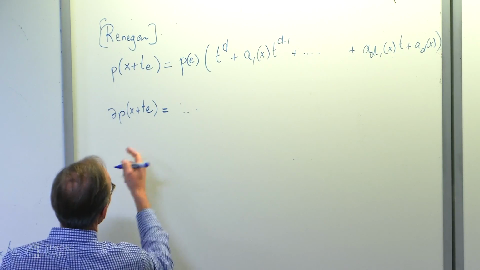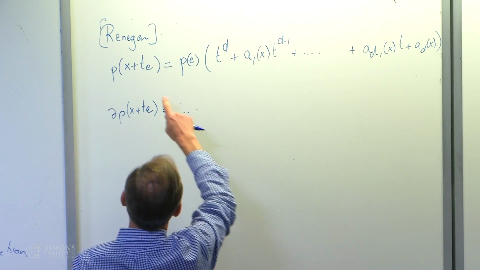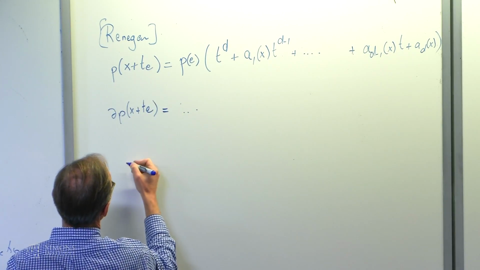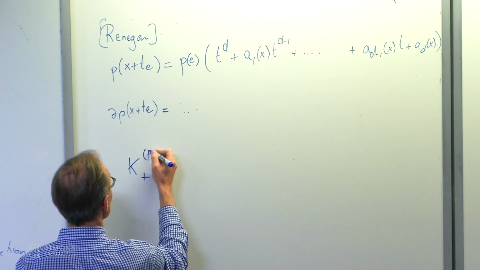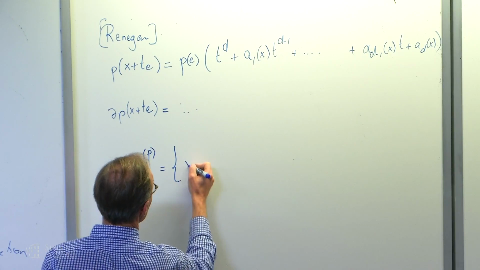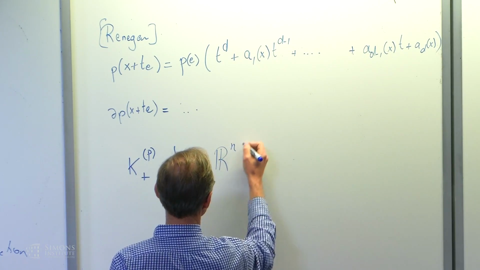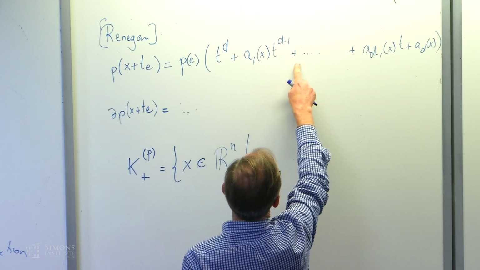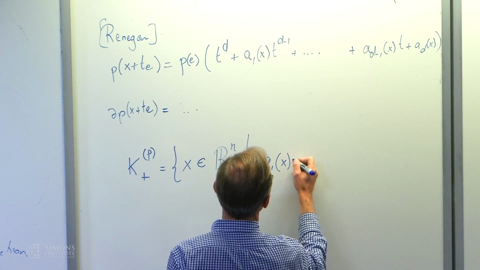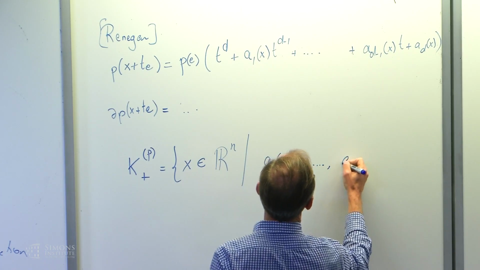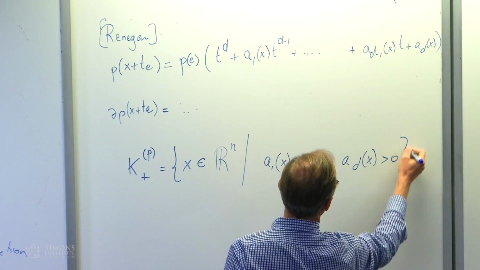So in particular, remember that I had said that the hyperbolic cone corresponding to P could be expressed as the set of x in R^n such that all these polynomials, a1 of x is positive, and so on, up to a d of x is positive.